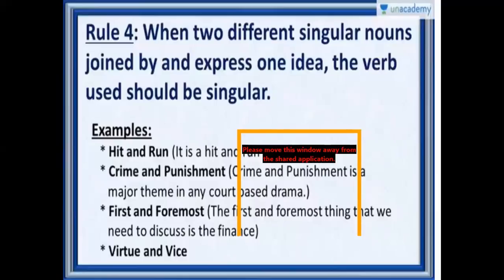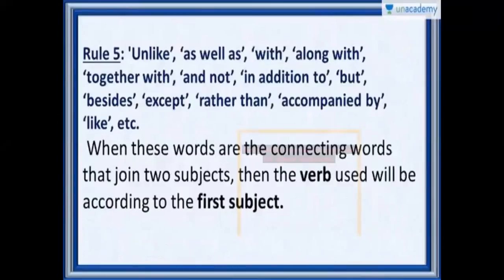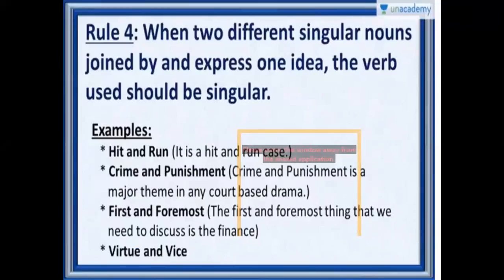Write our examples, not the examples which are here, so that it would be easy to understand for you. Rice and dal is my favorite food, not are my favorite food. Rice and dal is my favorite food. Okay, that completes your rule number 4.